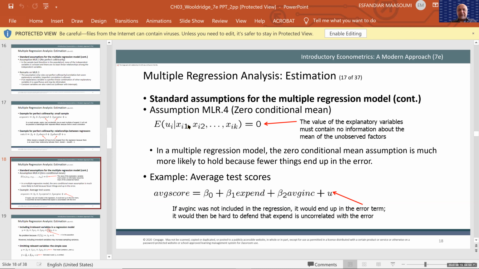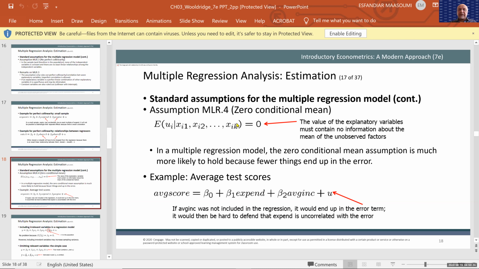Why? If I only put x1 in this regression, some of these x's will be shoved into the error term u. The idea that x1 and u are independent, or that the mean of ui, which now may contain x2 and x4, being 0 for any value of x1, is not true if these are correlated, right?